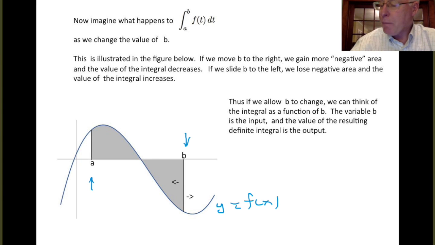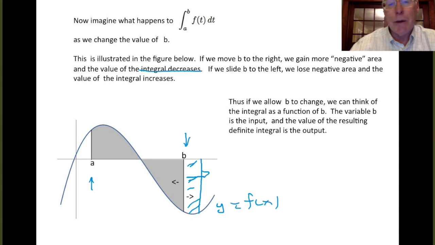Now, if we change b, we have a couple of choices. We could let b get a little bigger, move it to the right, and then we'd be calculating further out on the x-axis. If we let b move that way, we're getting more negative area, and that's going to make the value of the integral decrease.